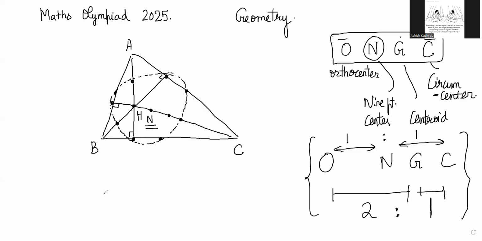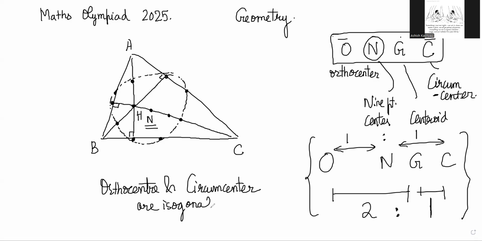It is very easy to prove that orthocenter and circumcenter are isogonal conjugates of each other. How do you prove that? You can try to take the angles that are there and figure out whether they are reflections of each other across the internal angle bisector.